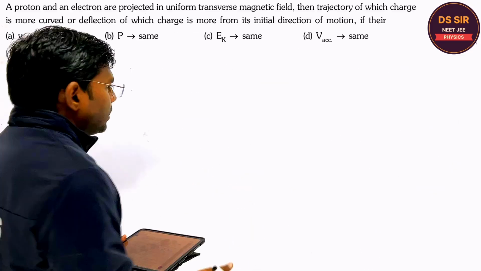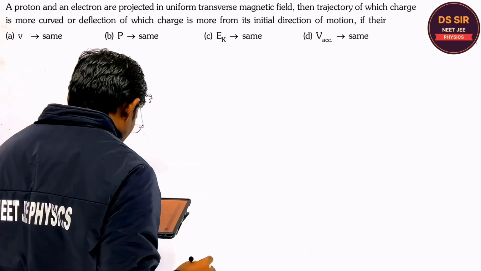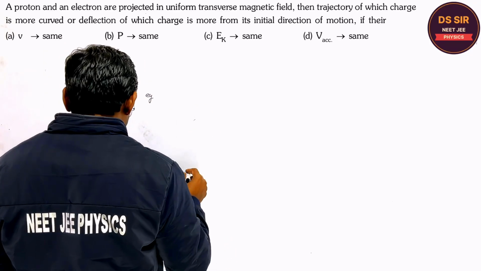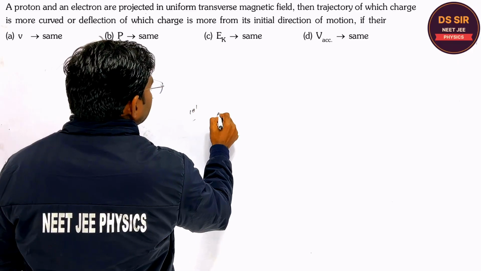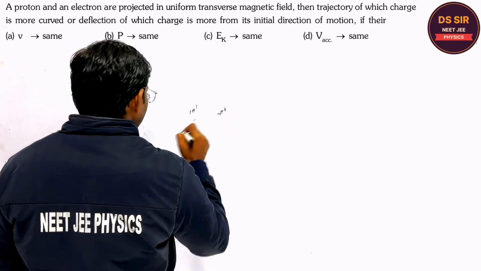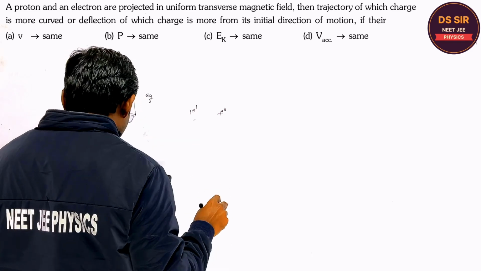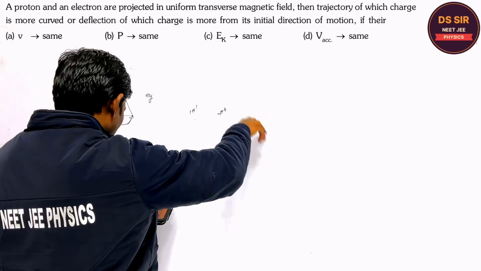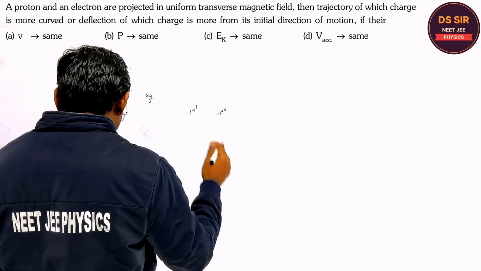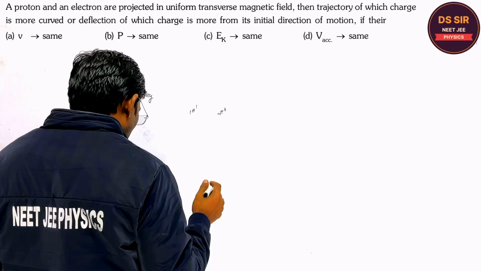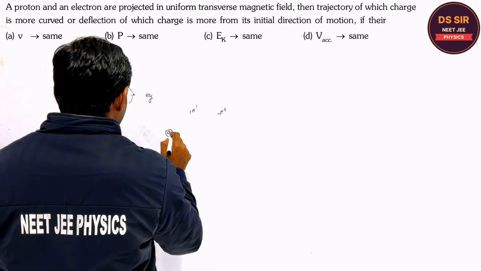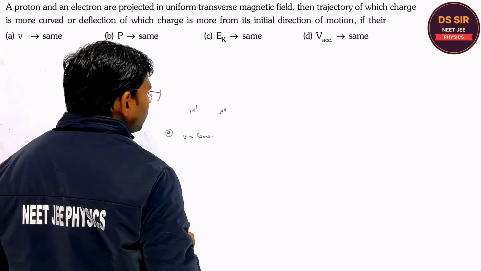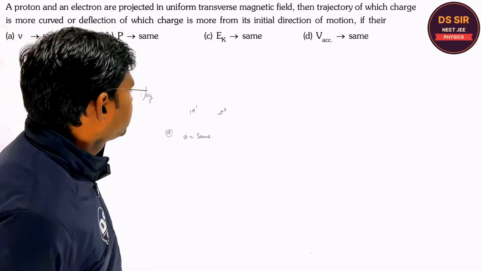Right? Copy this. So read this question. In this question, a proton and an electron are projected in a uniform magnetic field. This is the proton and this is the electron. Right? And the trajectory of which charge is more curved? Meaning, whose radius is more, from its initial direction? In the A part, the speed is the same, and they are asking the ratio of their radii.